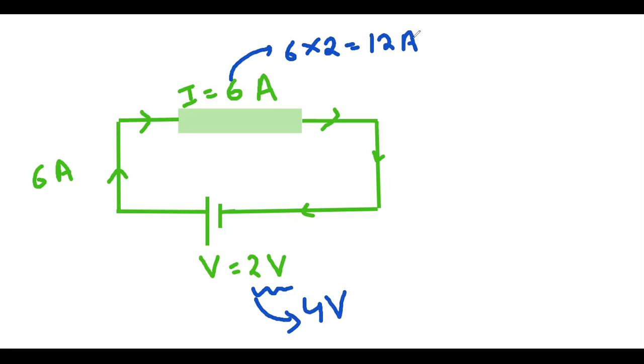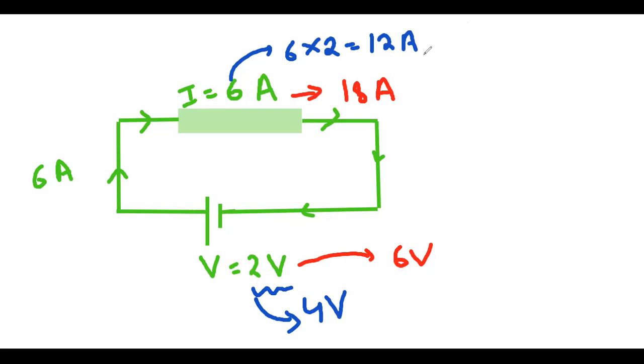Similarly, if you tripled the voltage, that means 6 volts, then current will be 3 into 6, that is 18 amperes. Children, from here it can be seen that if you keep on increasing the potential difference, electric current also increases at the same rate.